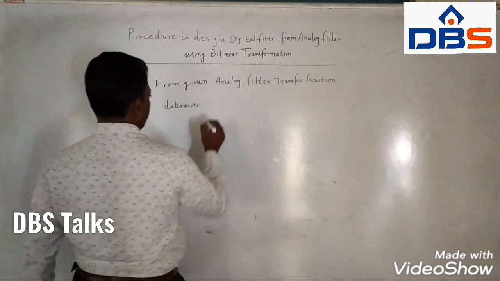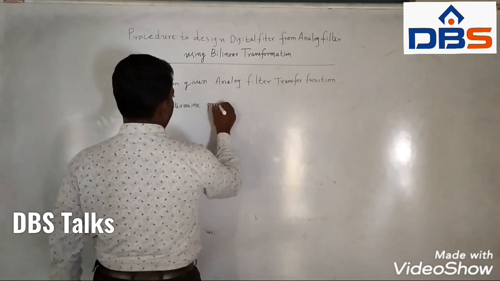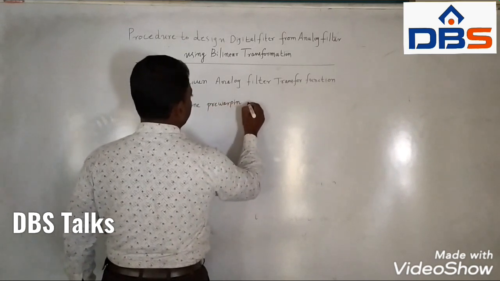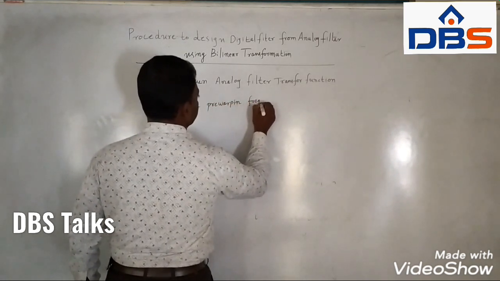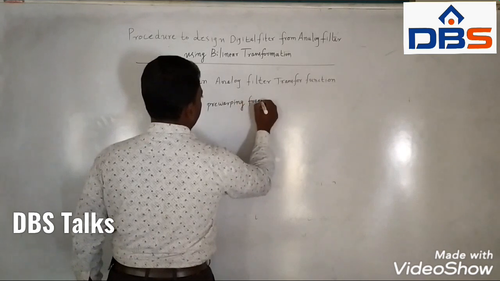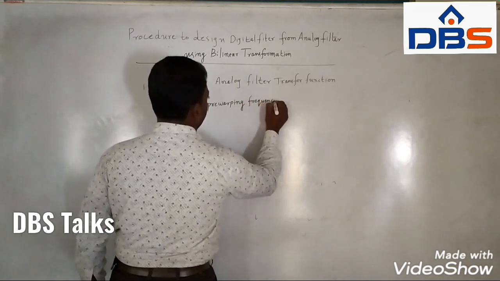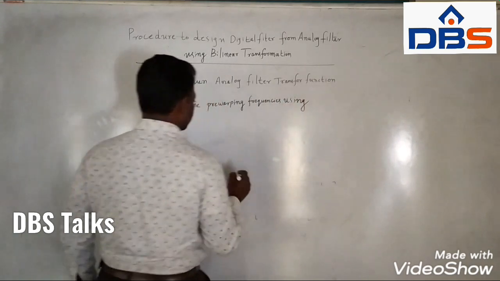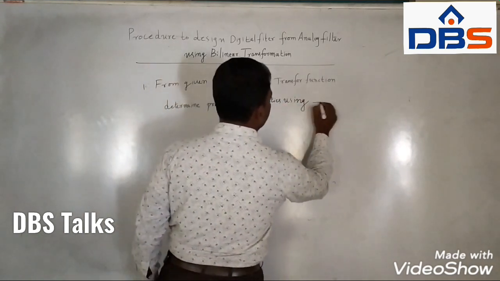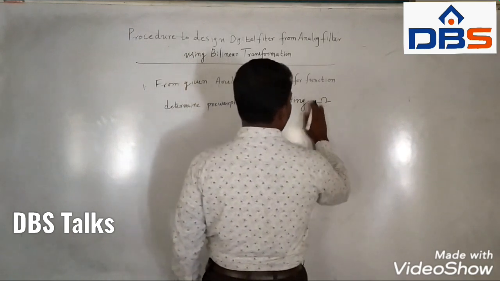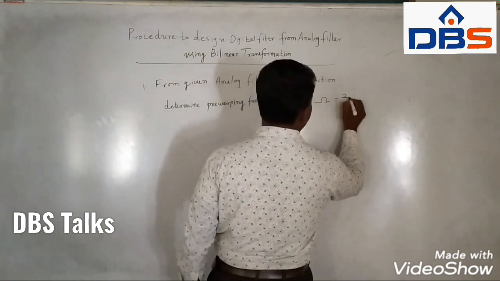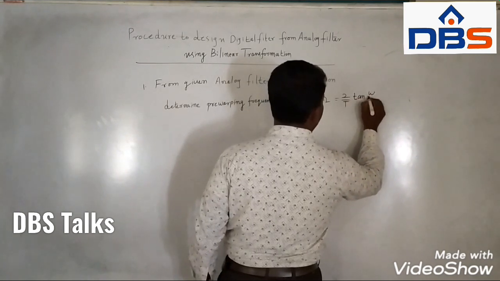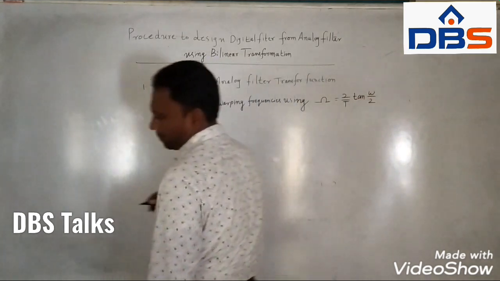determine the pre-warping frequencies using: analog frequency is equal to 2 by T tan omega by 2.